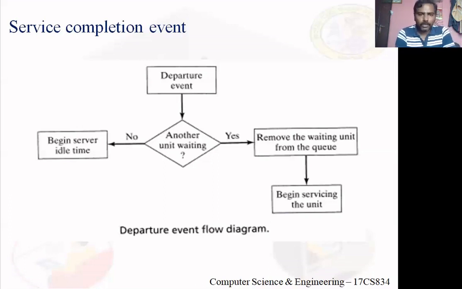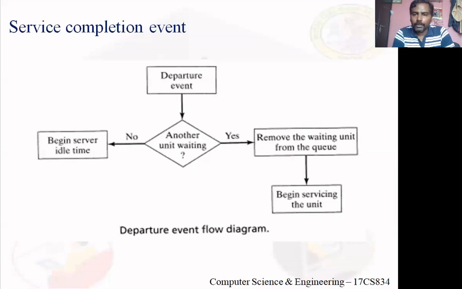So let me initiate that, begin server idle time. Got it? When the present customer departs, I look at the status of the queue. If no one is in the queue, the idle time of the server will begin. If anyone is in the queue, what happens? The first customer in the queue will initiate service.